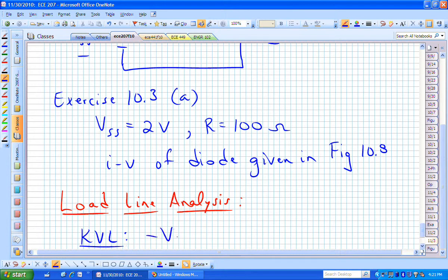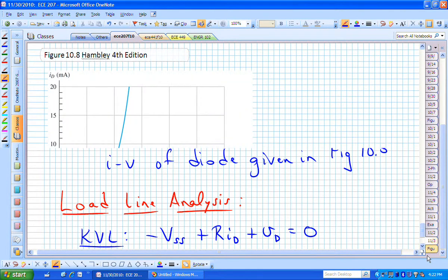We have minus V sub SS plus R times I sub D plus V sub D is equal to 0. What we don't know in this equation is, maybe we do know V sub SS, we were given that, and we know R. What we don't know is I sub D and V sub D. So now we need to figure out what value satisfies both this equation and this picture.